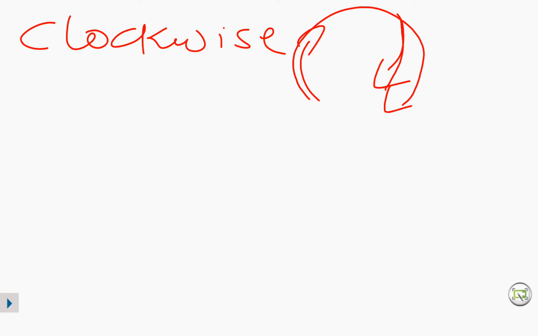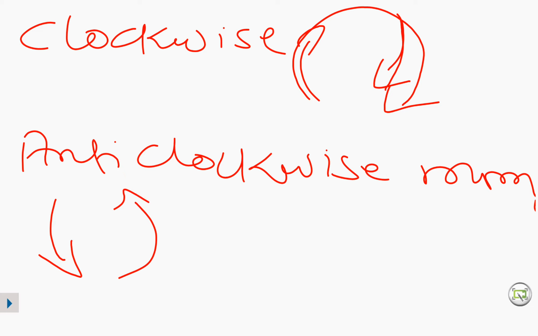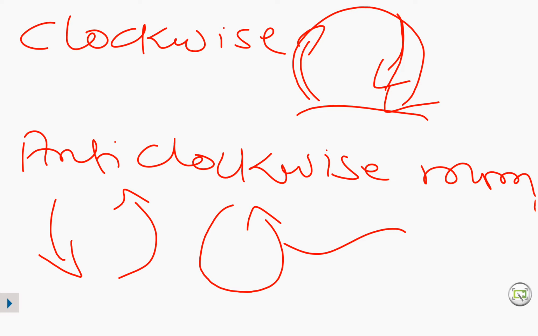So this rotation is known as clockwise movement. What is anti-clockwise movement? It will be in the opposite direction to the clockwise. Its rotation will start from this side. So this is clockwise movement and this is anti-clockwise movement.